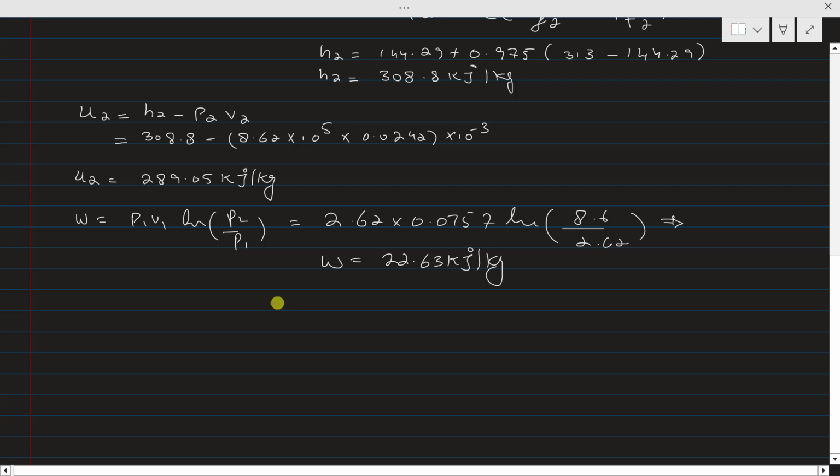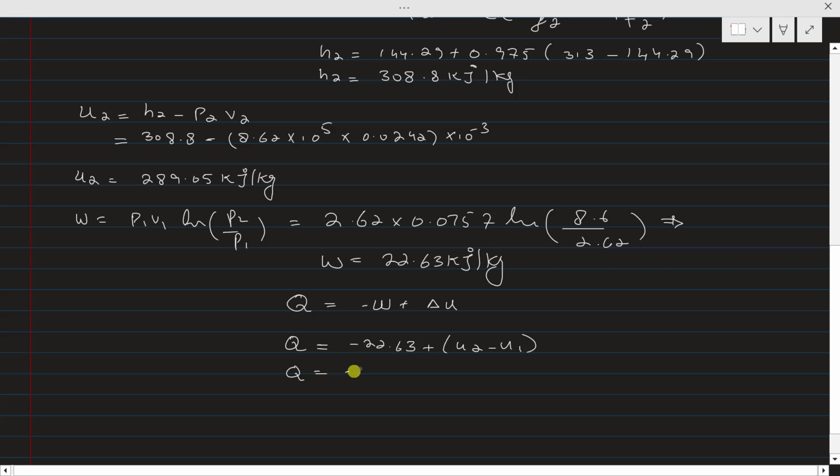Next, from the first law of thermodynamics, the heat that is supplied is converted into work done plus change in internal energy. So this work is done on the system, that's why we take its value as negative. So the heat that is rejected in this case is the heat supplied, that is 22.63 plus change in internal energy, that is U2 minus U1.